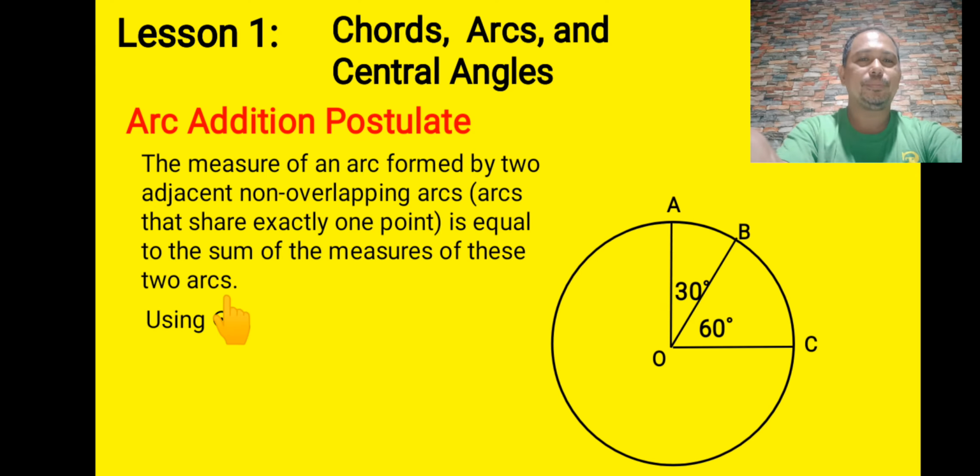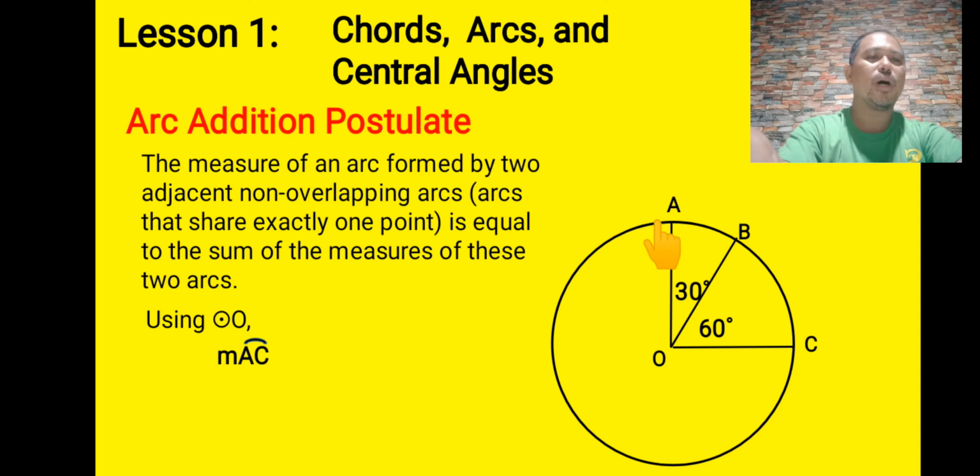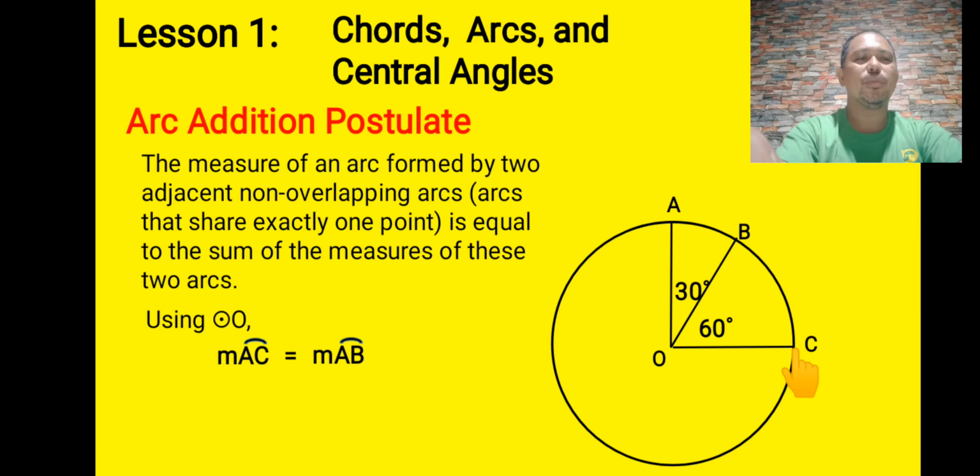drawing. Okay, so using circle O, we name this circle O. So the measure of arc EC, this is arc EC, is equal to the measure of arc EB plus the measure of arc BC.